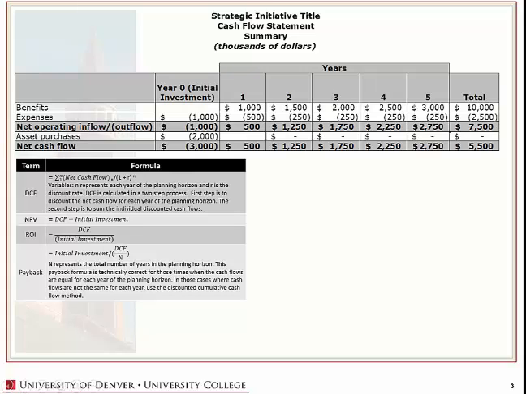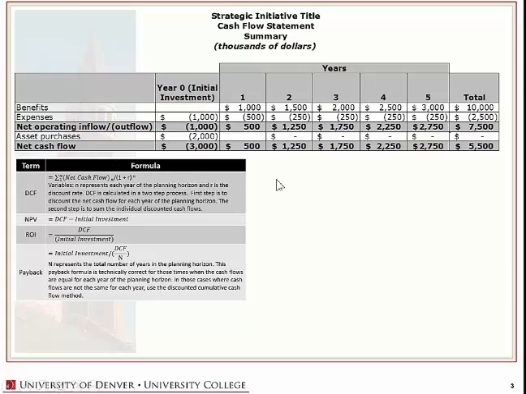We then separate assets, largely because they're treated differently for accounting purposes, but for our purposes they're really just costs, and we're not going to go into the depreciation or tax effects of the cash flow statement. So if we subtract out the assets, we come up with a net cash flow.